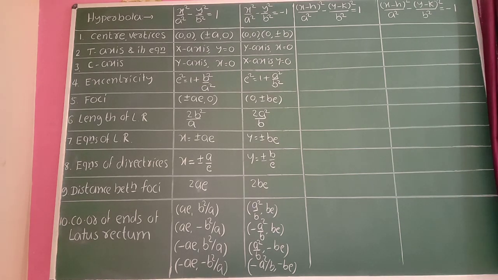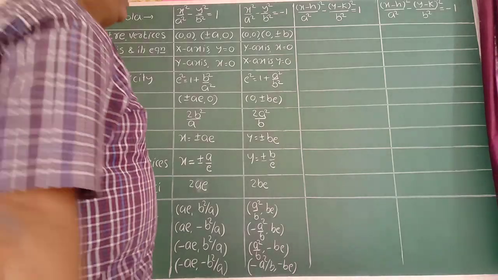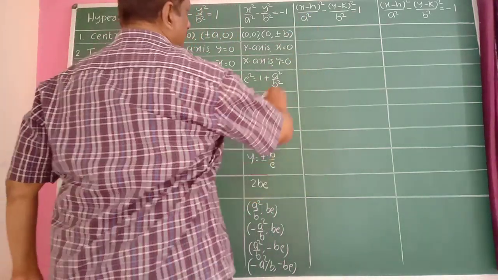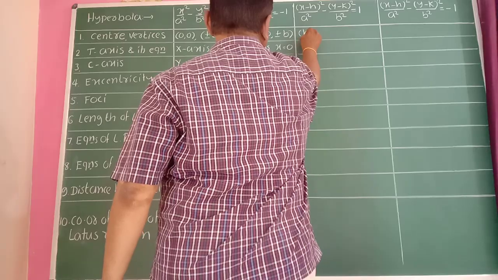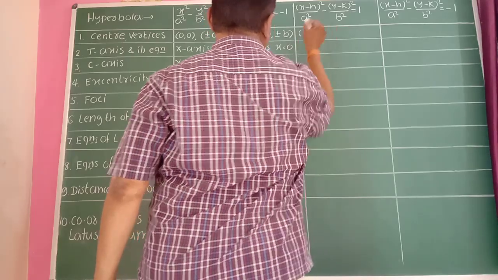Suppose you shift the center of the hyperbola from 0 0 to some other point h comma k, then the equation of the hyperbola is this one here. In this case the center is h comma k.